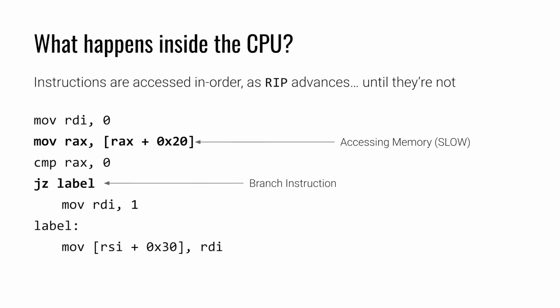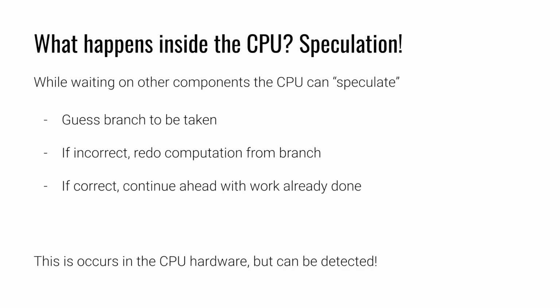Based upon that value, I'm going to jump to label, or I'm going to not jump to label. In either case, I am moving a value from RDI to this other memory address. So what could the CPU do with its time? Well, the answer is it can speculate while waiting for other components.